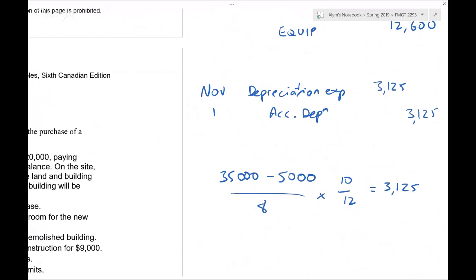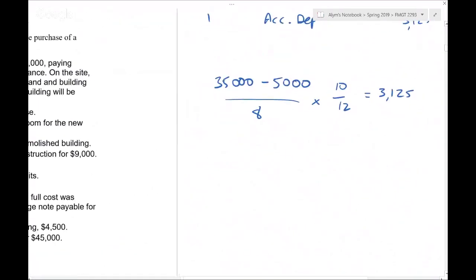The second thing we're going to have to record then is the actual trade. So on November 1st, we're going to debit the vehicle account, the new vehicle account, for $43,000. I'll explain why in just a second here.